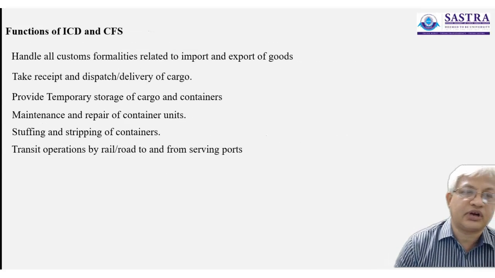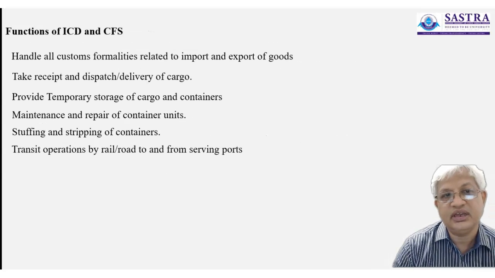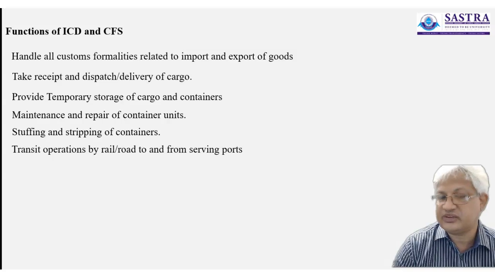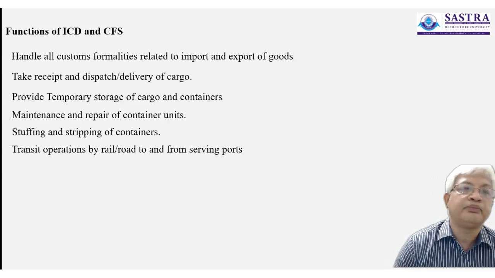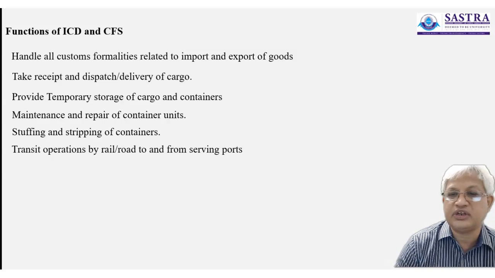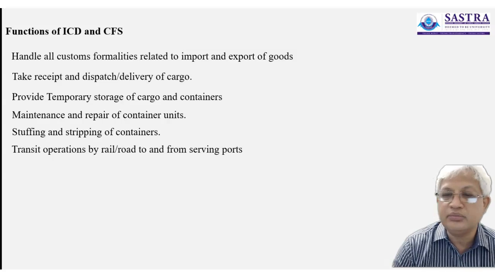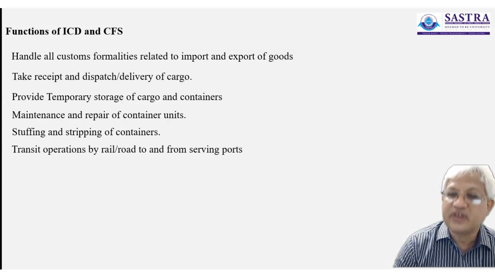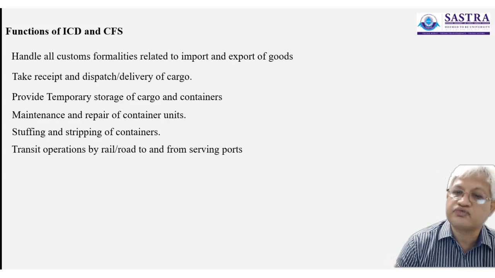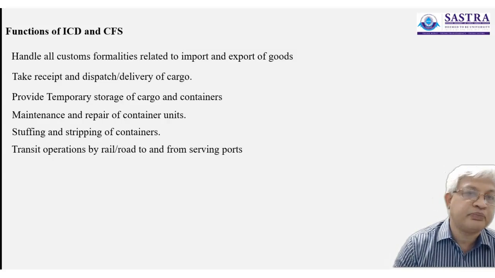So let's see what the functions of the ICDs and CFSs are. In an ICD or a CFS, as I said, which comes within customs control, it handles all the formalities, paperwork and documentation which need to be looked into by the customs, required for import or export of the goods. So ICDs are used for both import and export.